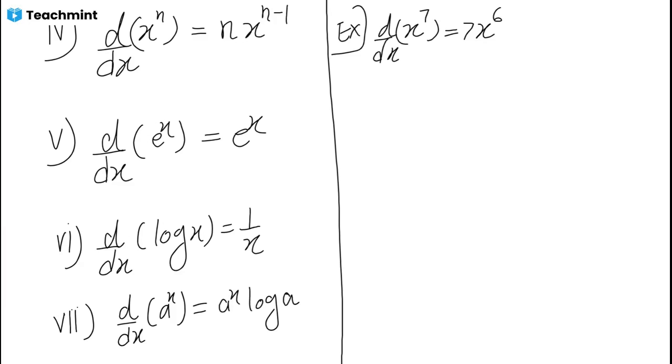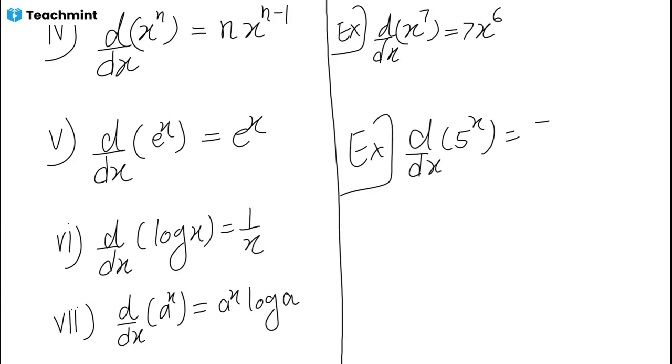So let us take an example of this, because we'll use these formulas directly. The derivative of 5 to the power x: here 5 is a, a constant. So we get 5 to the power x into log 5.